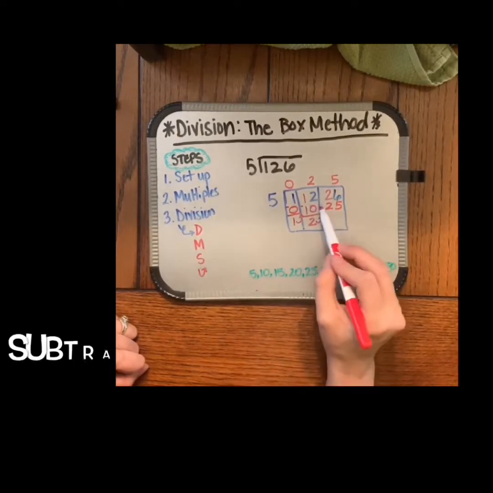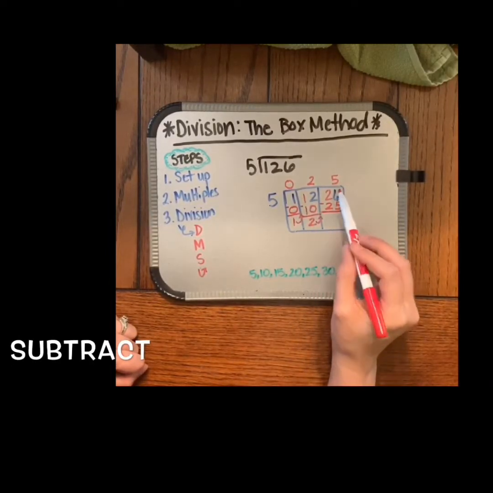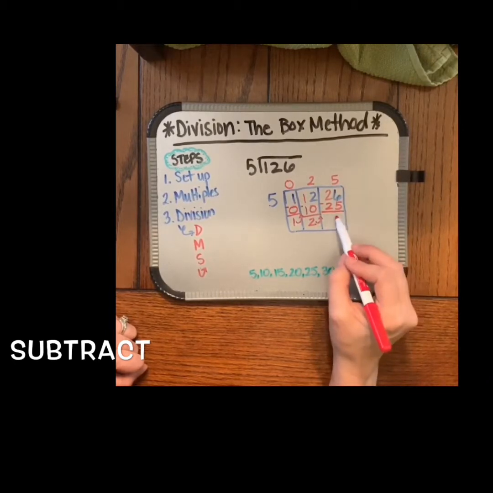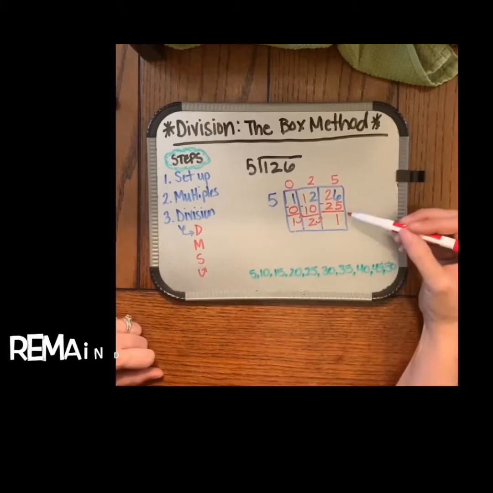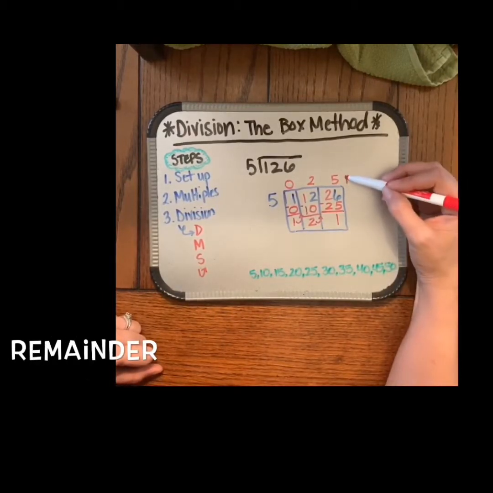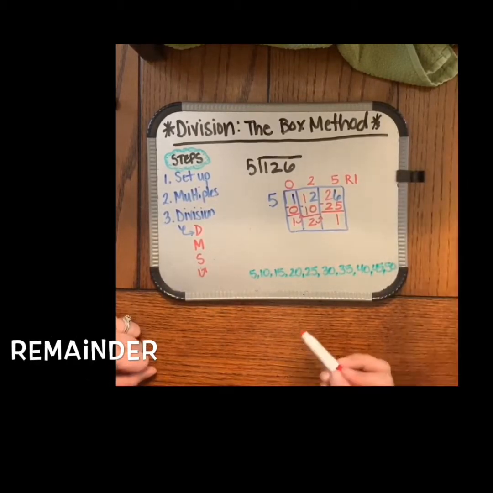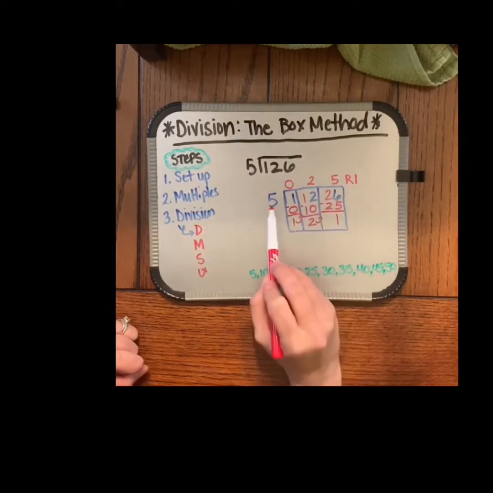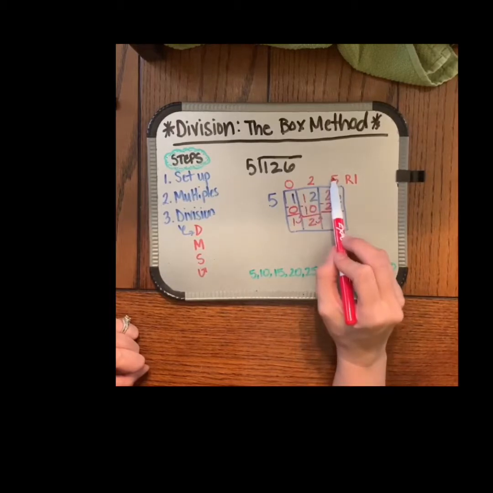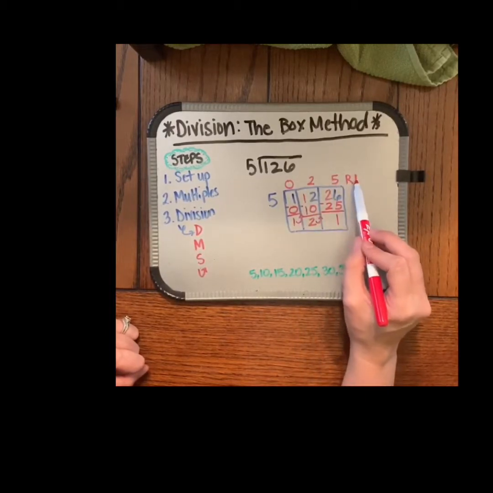My next step is subtract. 26 minus 25 is 1. And since I don't have another spot to carry it over, that's going to be my leftover or my remainder. So 126 divided by 5 is 25 with a remainder of 1.